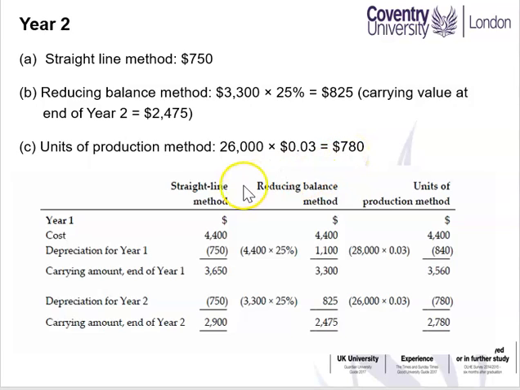Based on that, we can make a comparison of the methods: straight line, reducing balance, and the units of production method. So the cost remains at 4,400.